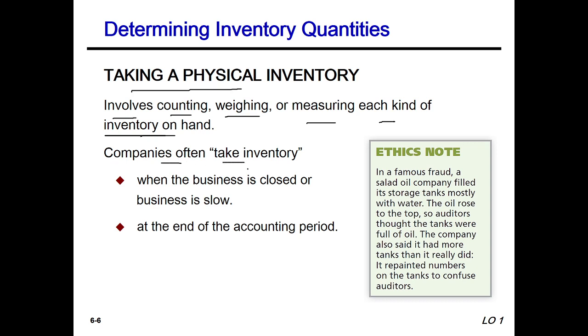When a company takes inventory, here we have shown two cases: when the business is closed or business is slow, and second, at the end of the accounting period. I think the explanation is very easy. That means accounting period end, suppose 31st December or 30 June, this is the end of the accounting period. At that time the company takes the inventory.